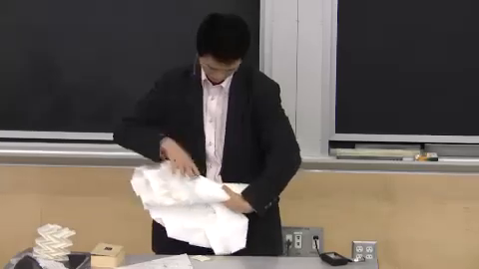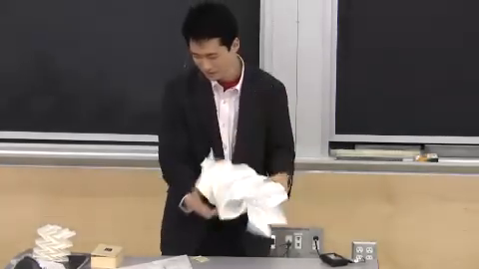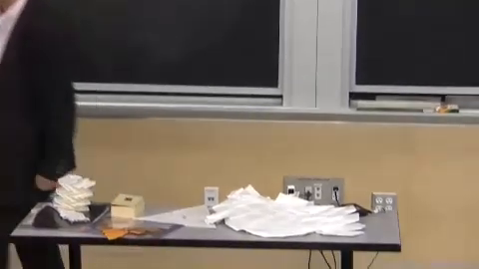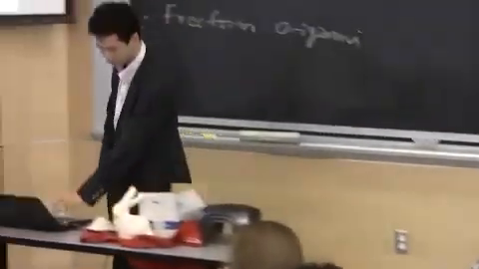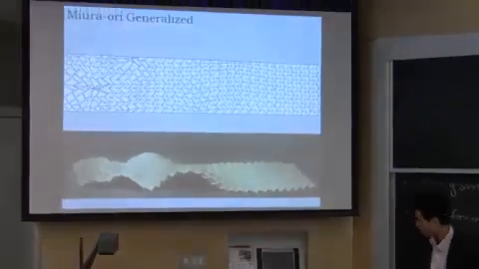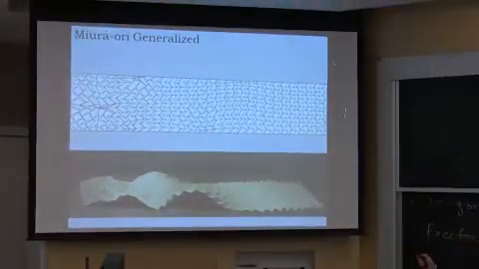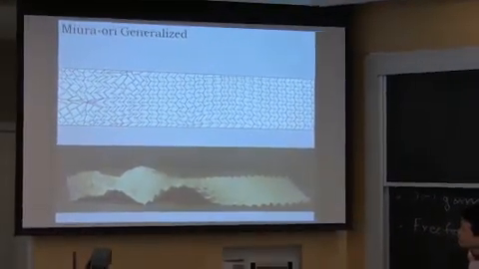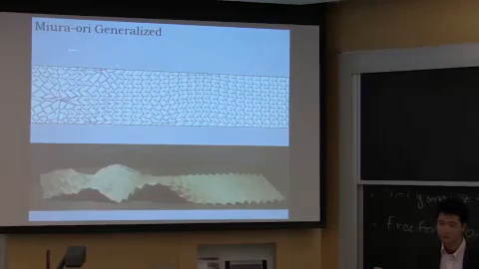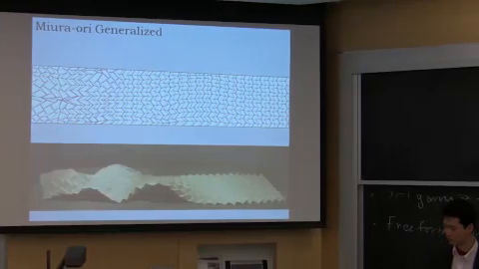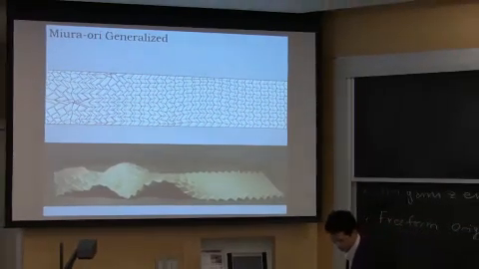So this is a model. This is another example. Here I wanted to start from regular Miura-ori and then transform into a more freeform surface.